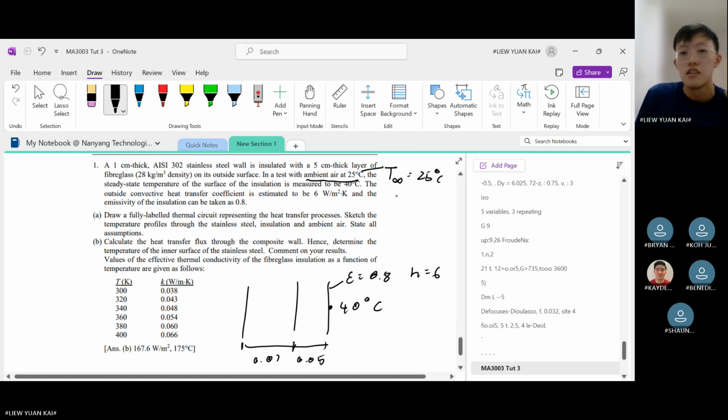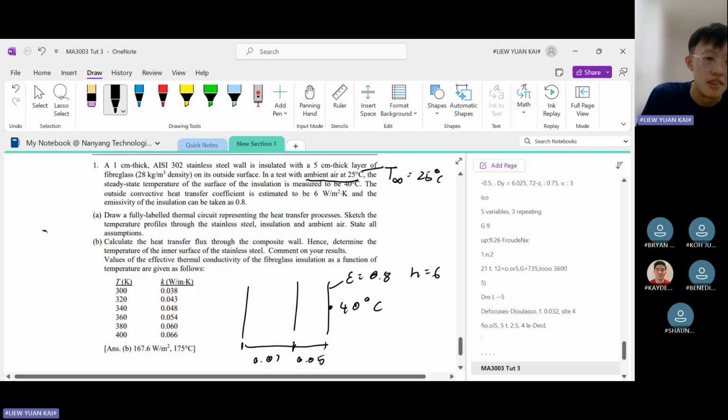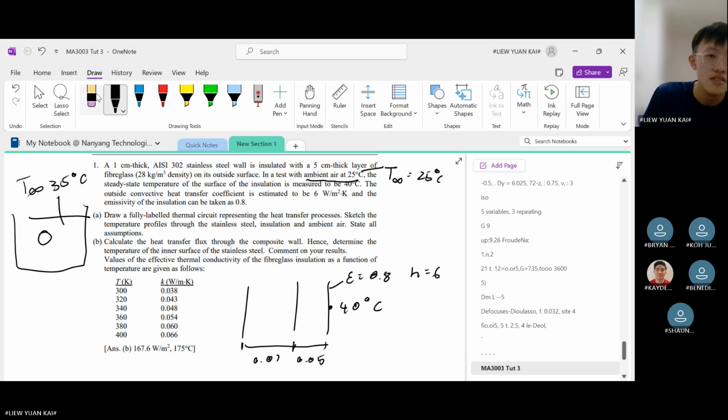Ambient temperature means the temperature of a surrounding fluid. Fluid doesn't mean only liquid, okay? Fluid means gas or liquid. So for example, a potato in a pot of water, and then the water is 35 degrees Celsius. This 35 degrees Celsius is the T infinity.